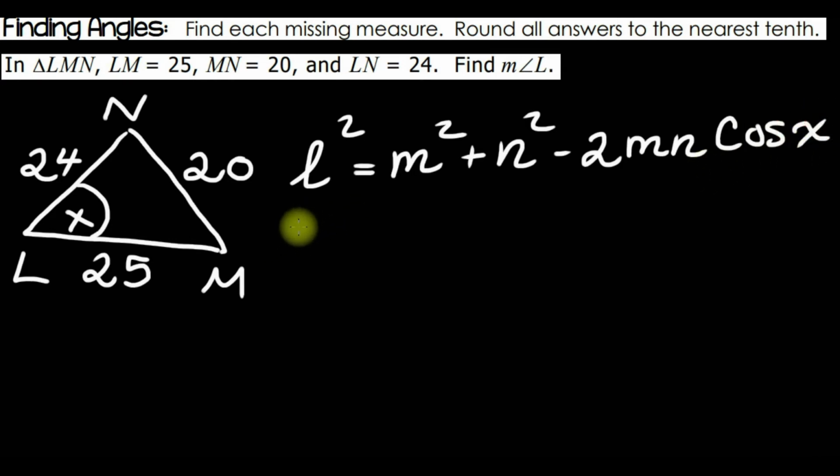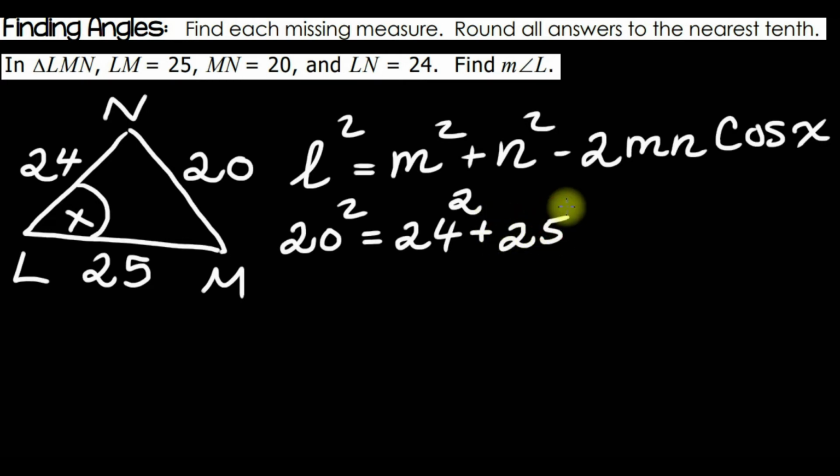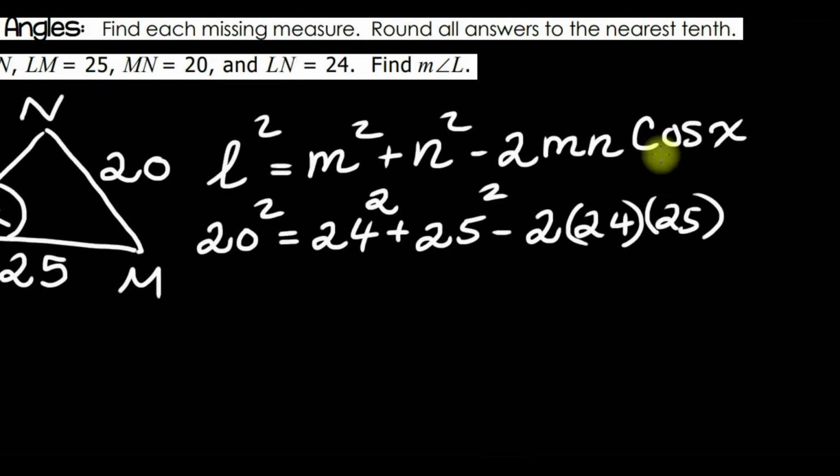Okay, so your L is going to be 20, so that's going to be 20 squared equals M squared, M is 24, plus N squared, N is 25, minus 2mn, so that's going to be 2 times 24 times 25. Okay, and then here it's going to be cosine angle x. Okay, so we're trying to find out what x is, and that's going to give us angle L.